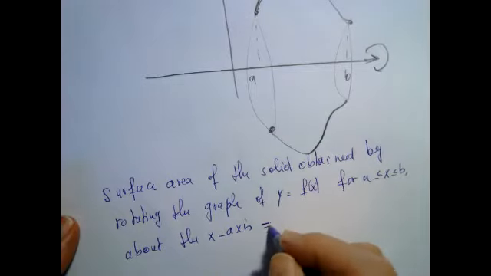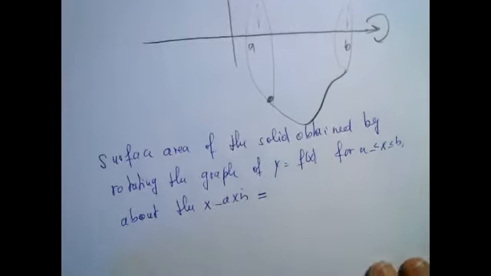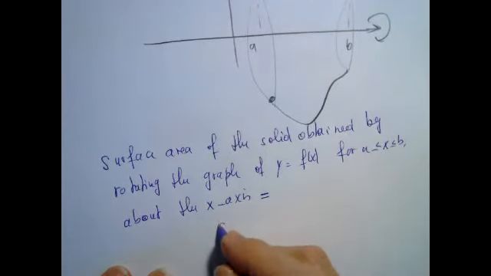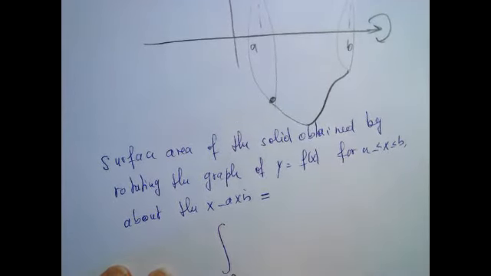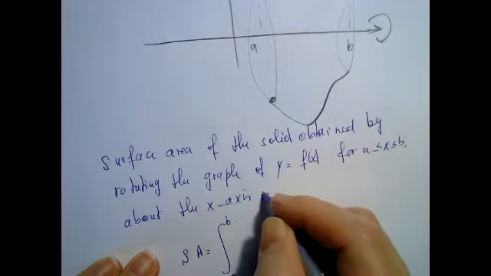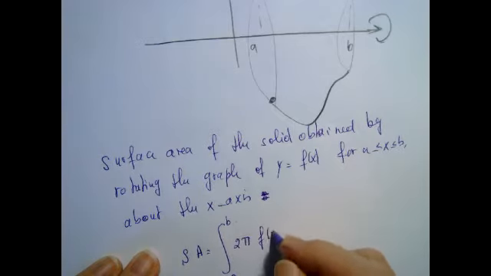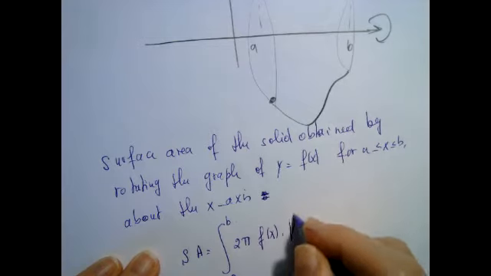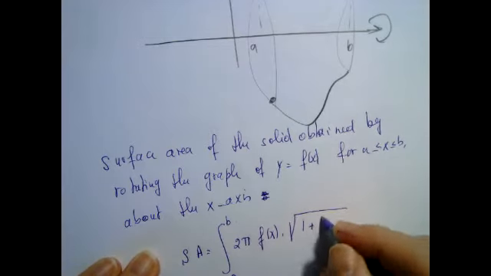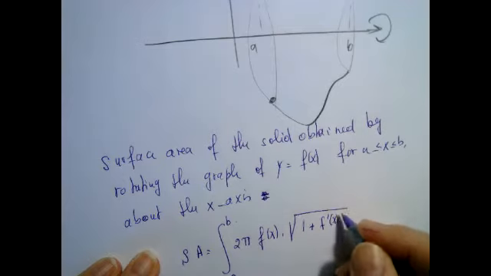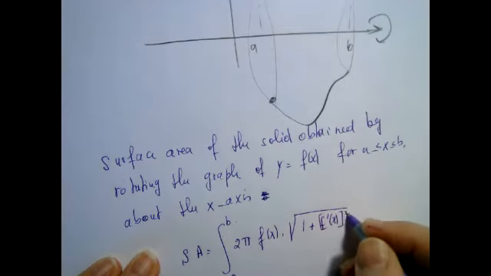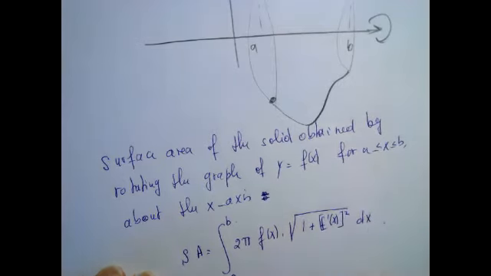And as I said, this time I will give you a little bit the formula and kind of give you a hint where the formula is coming from without going through the whole detail. It's given by the following integral. Integral from a to b of, sometimes we write SA for surface area, 2 pi times f of x times the square root, dx.